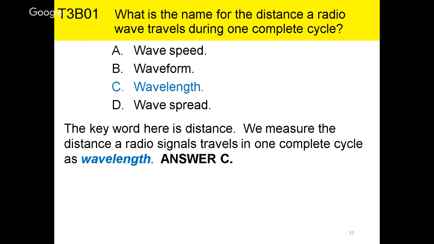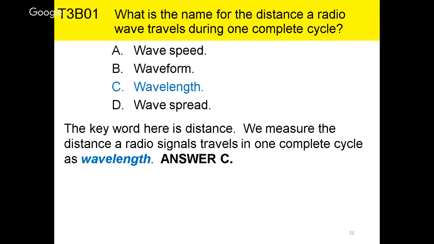Let's see. If you remember that the longer the wavelength, the lower in frequency. Longer the wavelength, the lower in frequency. So 160 meter wavelength is a 1.8 megahertz frequency.